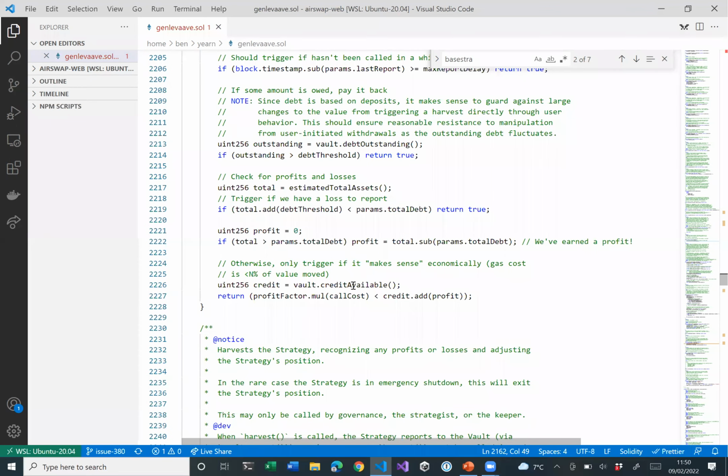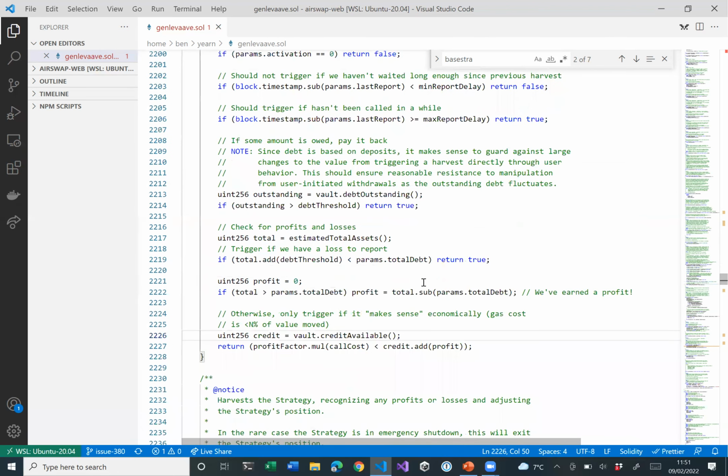Check for profit and losses. Total is estimated total assets. Okay, so this is to determine whether the harvest should be called. If it's profitable, then it will call. Otherwise, only trigger if it makes sense economically. Gas cost is percent of value moved. Yeah, it's like a check to see if it's worth calling harvest.